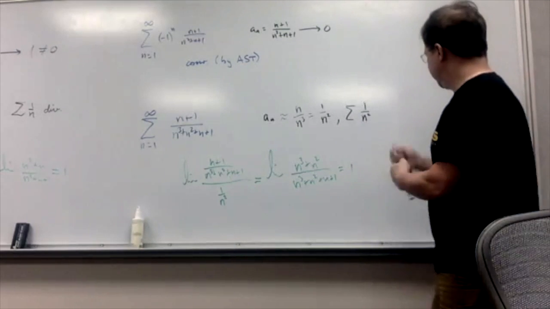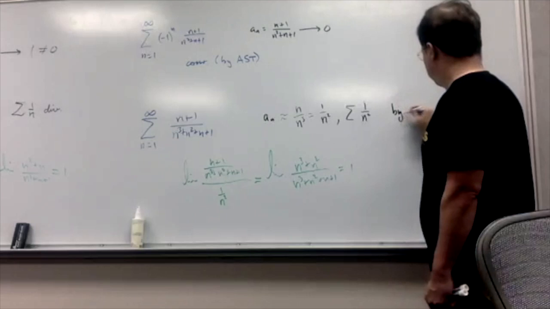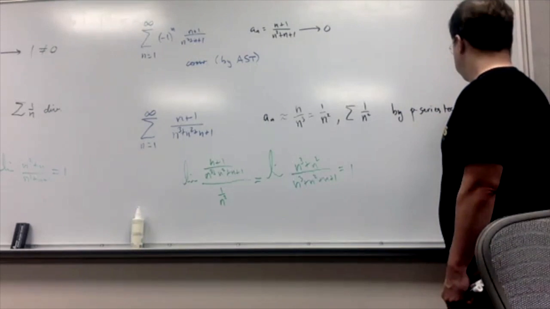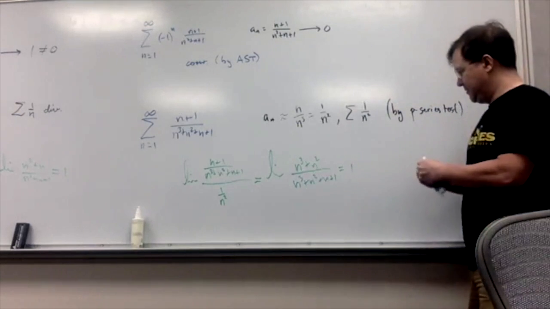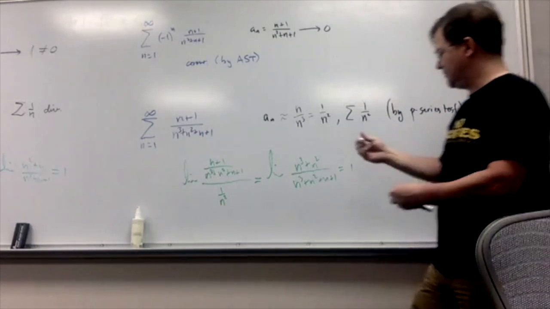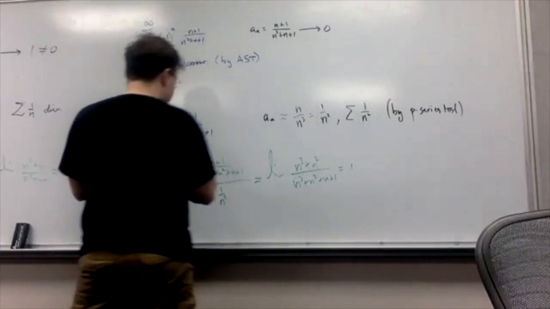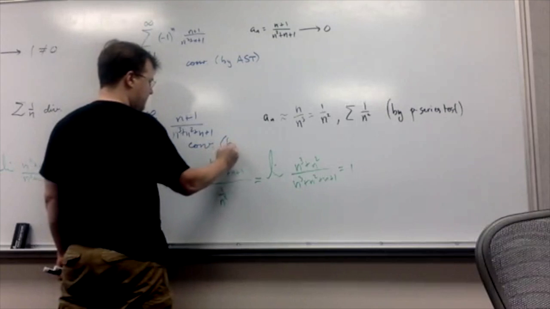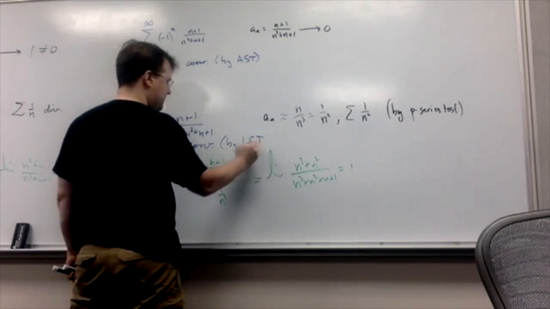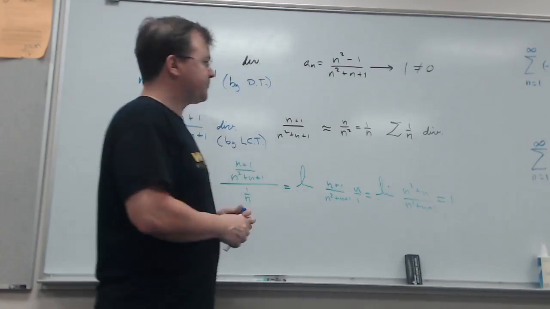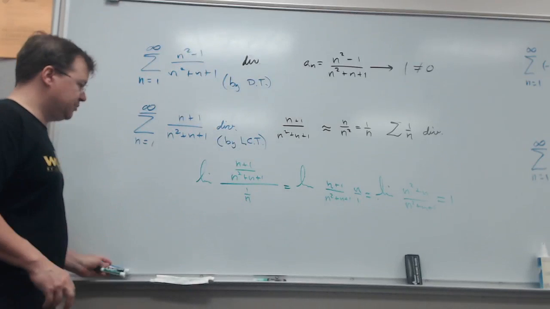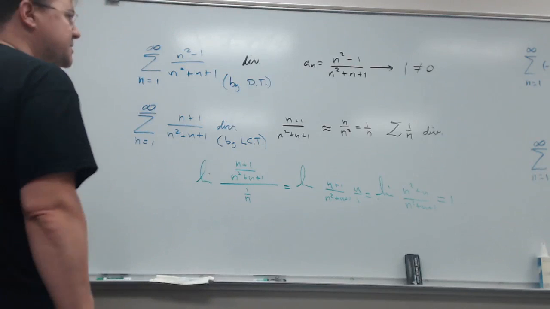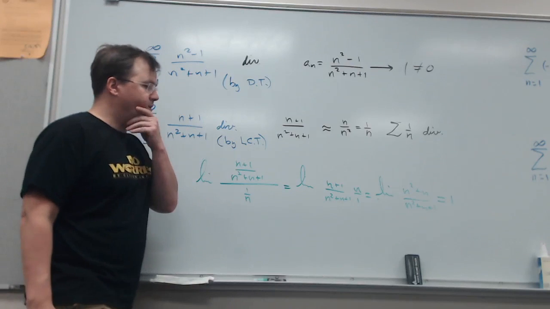So this is by the P series test. But in the end, I can say that this converges by the limit comparison. There you have it. So I think that's a decent survey of the various tests that we use for sequences.